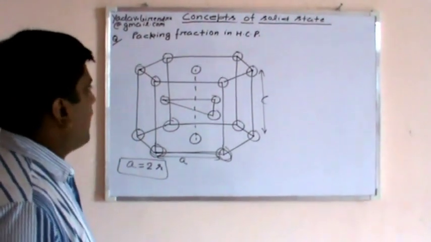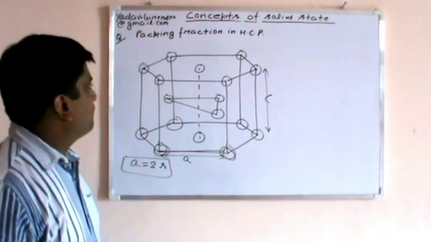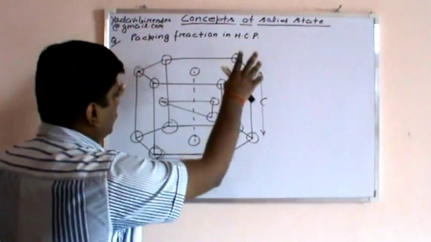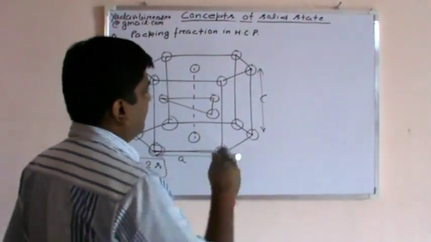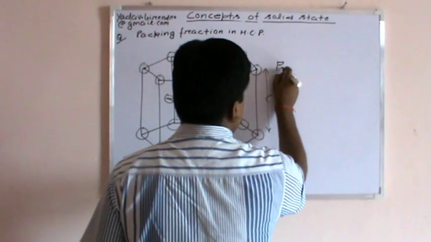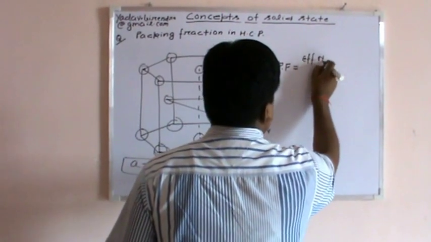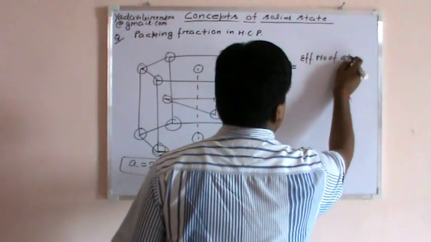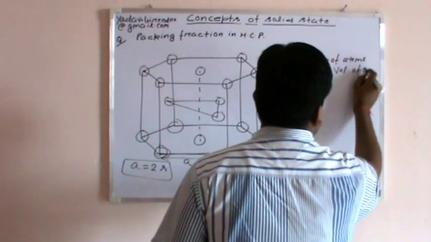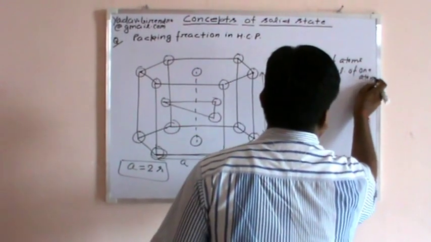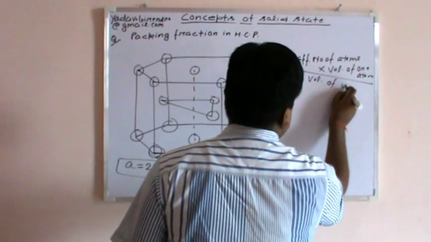Now, first of all, what is packing fraction? Packing fraction is basically the fraction of total volume occupied by spheres. Packing fraction can also be written as effective number of atoms into volume of one atom upon volume of unit cell.